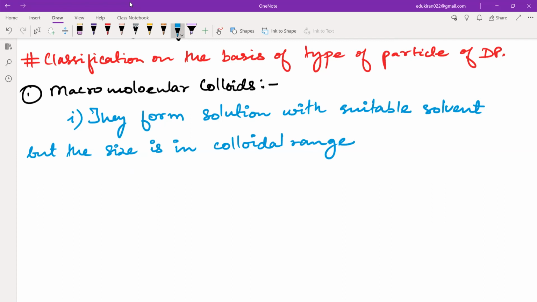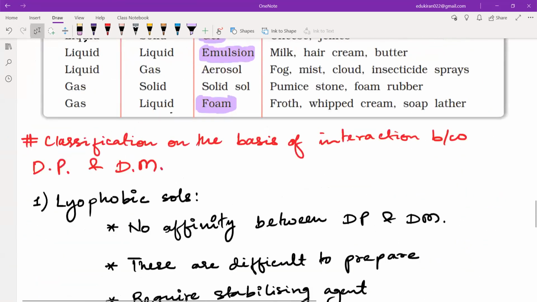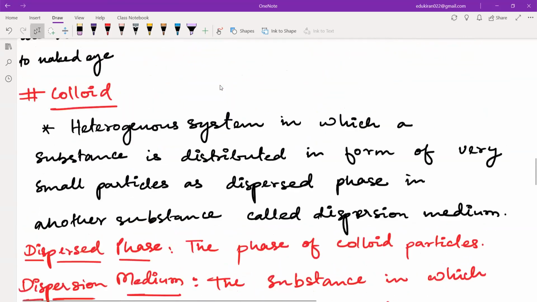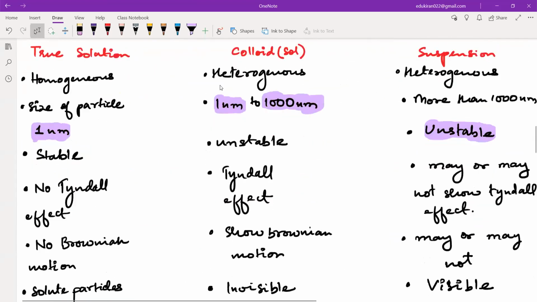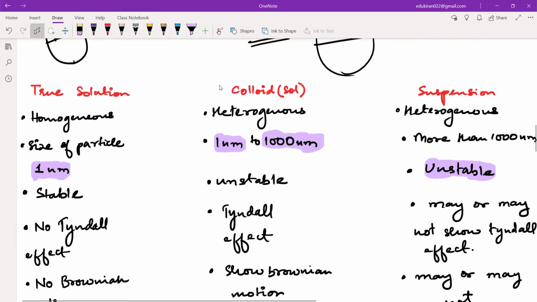You understood this? They form solution, they are not forming colloids in the sense that colloids are unstable, but these will be stable. They will show no Tyndall effect and no Brownian motion, and they will not be visible. But the only thing is that they lie between the range 1 nanometer to 1000 nanometer.